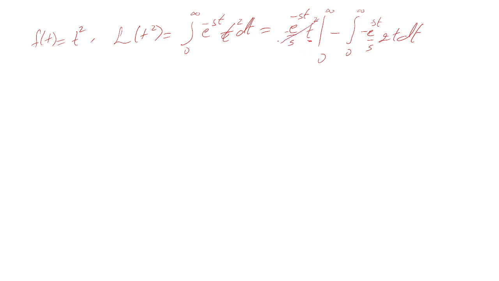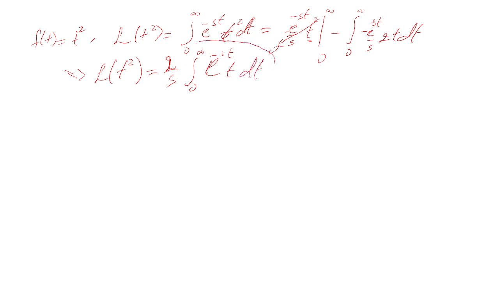This is 0 because from the upper limit the exponential is 0, and from the lower limit t squared is 0. So overall I get 0, and this implies the Laplace transform of t squared is equal to 1 over s times the integral, the 2 is out, of 0 to infinity e to the power minus st times t dt.